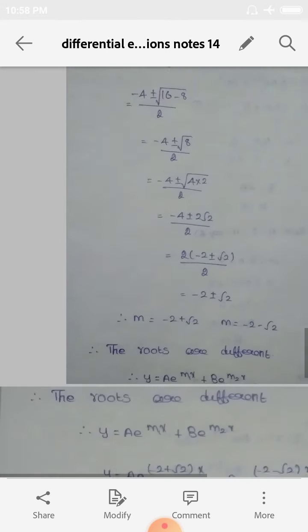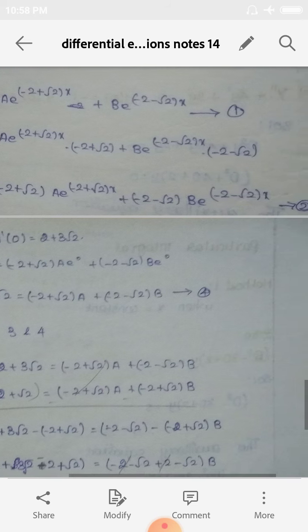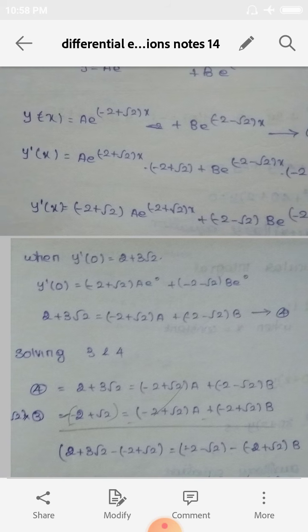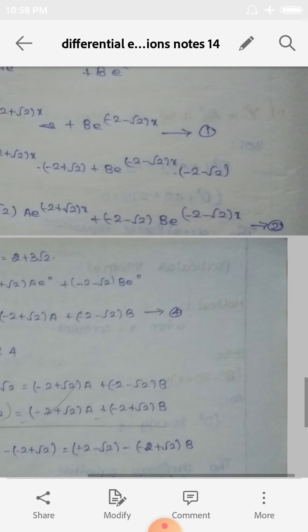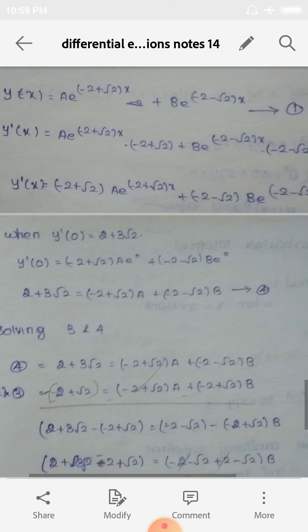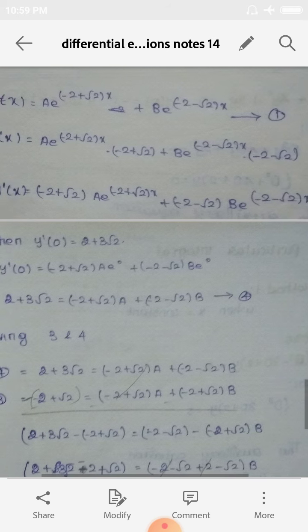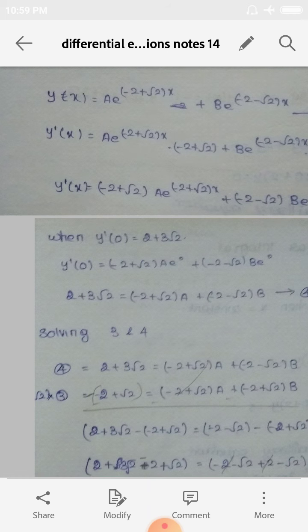So first, here the equation number 3 is missing, girls. So first we have to write y of 0. So put x is equal to 0 and find the third equation, and put x is equal to 0 and find the fourth equation, that is 2 plus 3 root 2.